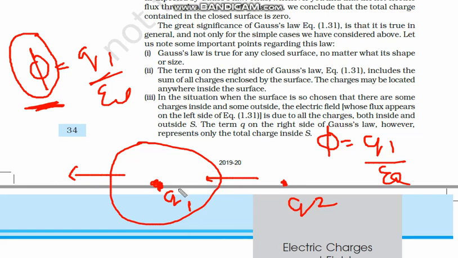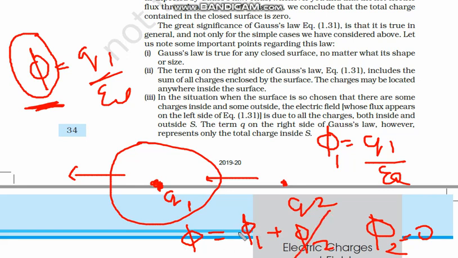So this is phi 1, and phi 2 is equal to 0. However, total flux is again phi 1 plus phi 2. It is a separate thing that phi 2 is 0, but total flux is because of phi 1 and phi 2. Phi 2 is coming in and going out equally, hence it is 0.